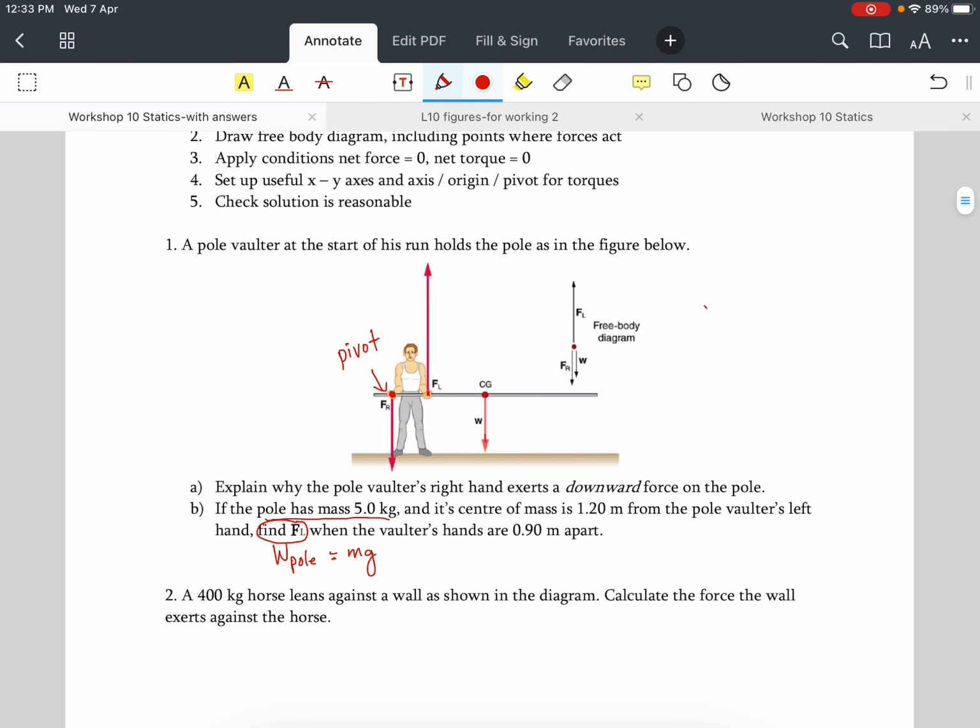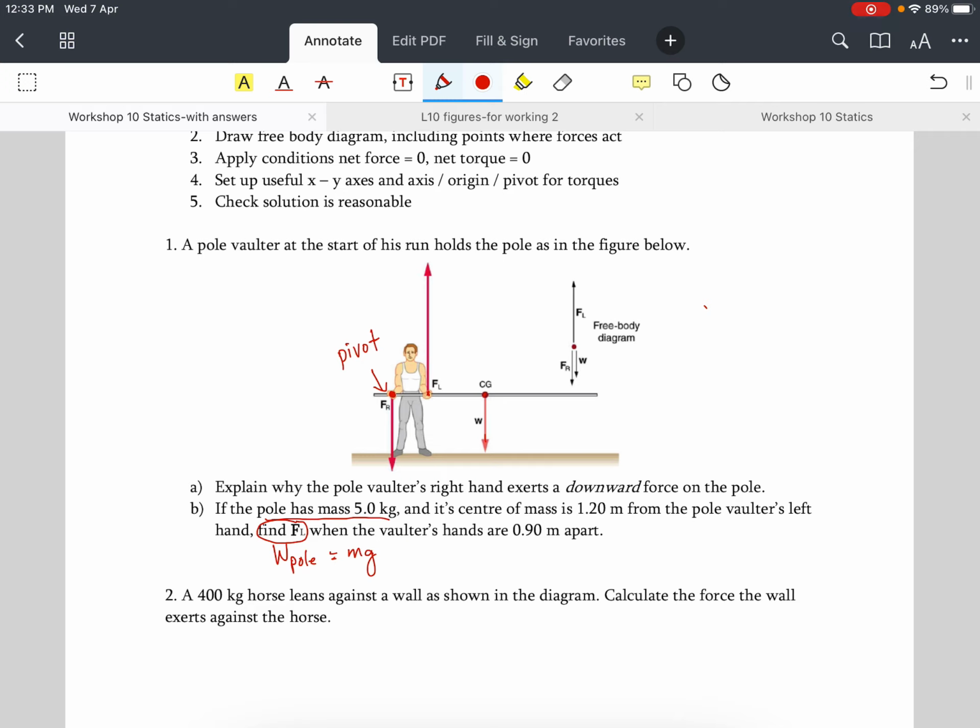By doing so, I eliminate Fr, which is one of the unknowns, and that will allow me to solve for Fl, the other unknown. Right, so once we've identified our pivot point, we identify our lever arms. So the lever arm is the distance between the force to the pivot point, but it's the perpendicular distance from the force to the pivot point.